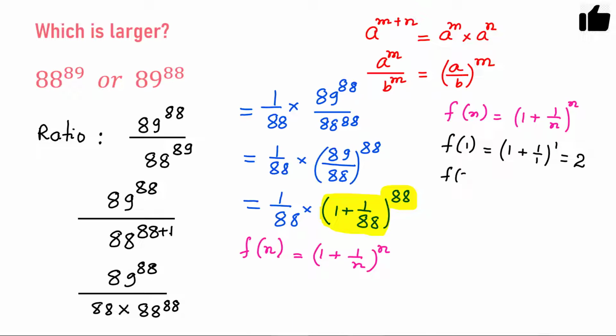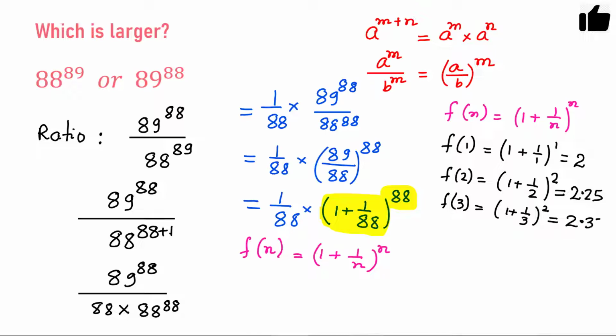What will be the value of f(2)? That is 1 plus 1 by 2, raised to the power 2. That is 1.5 whole square. This is 2.25. Similarly, f(3) you can calculate. This is 1 plus 1 by 3 whole square. That is 1.33 whole square. So this is 2.37.